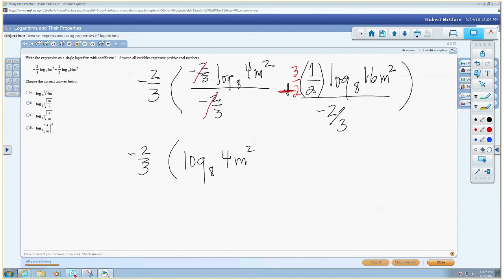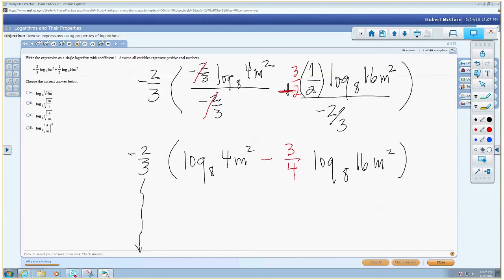And that'll make what? 3/4. So that's going to be negative 3/4 log base 8 of 16m squared. Now, whatever you do from here on out, that negative 2/3 is going to be on the outside. So we'll just draw a little thing that means it's going to be on the answer.